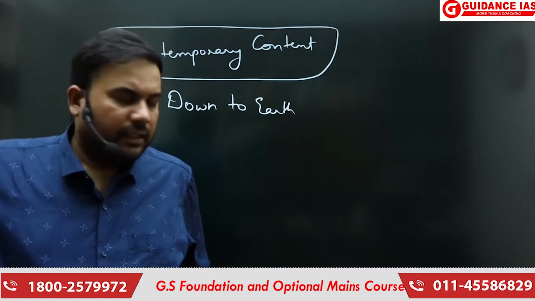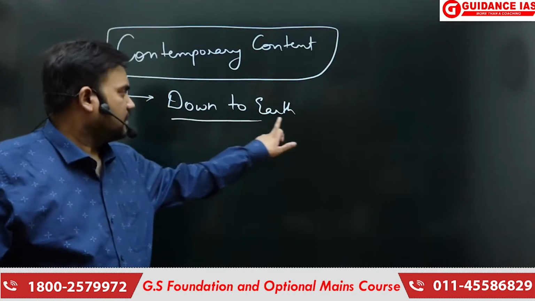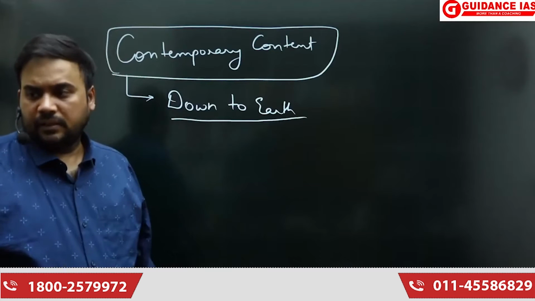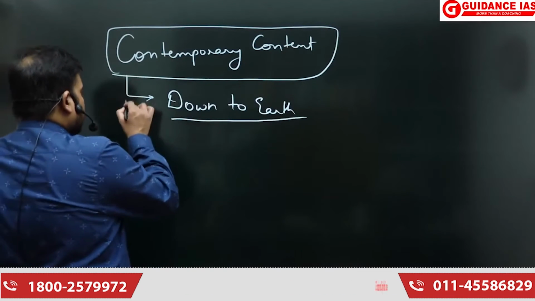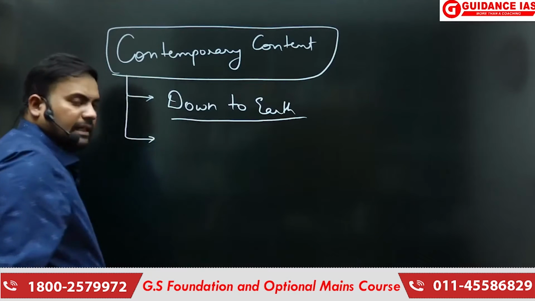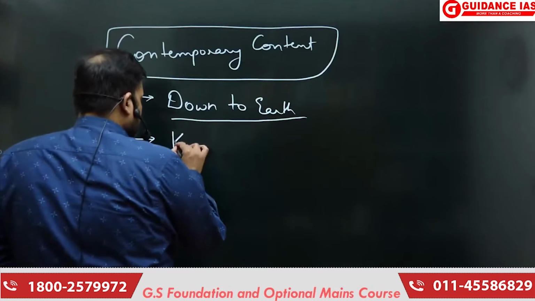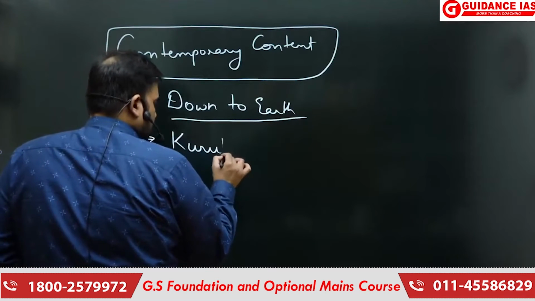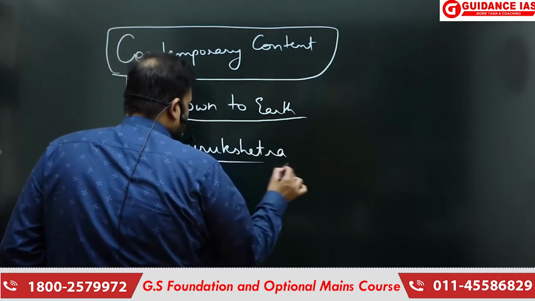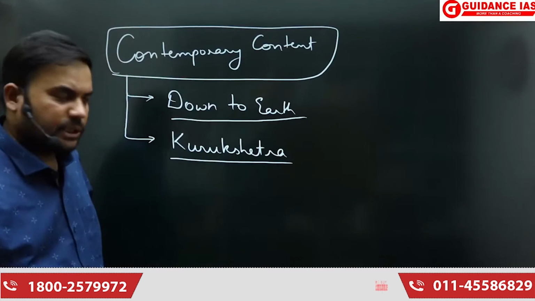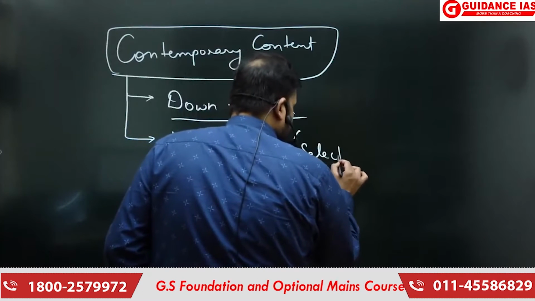So for geography, one magazine that we have to cover is this Down to Earth. It is a very significant magazine from our point of view. Then another magazine is Kurukshetra, which is to be read very selectively.